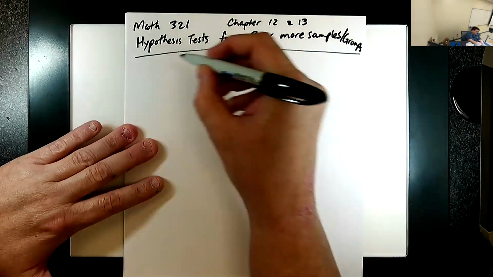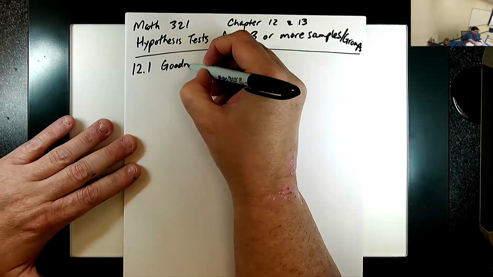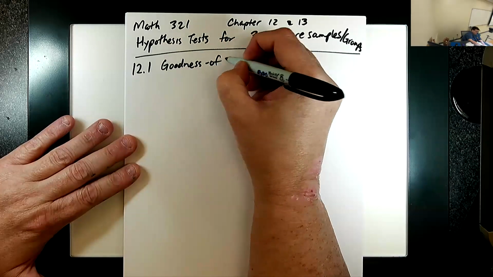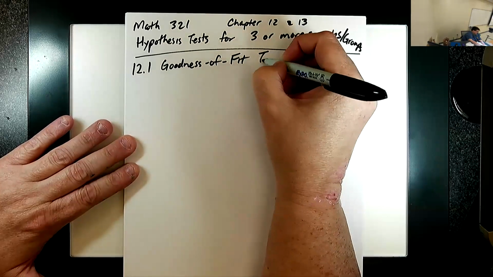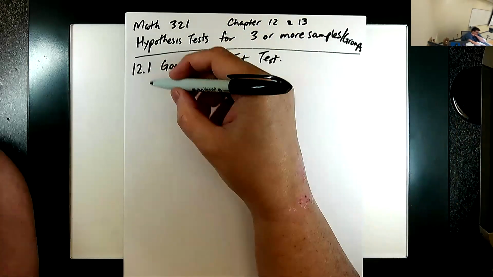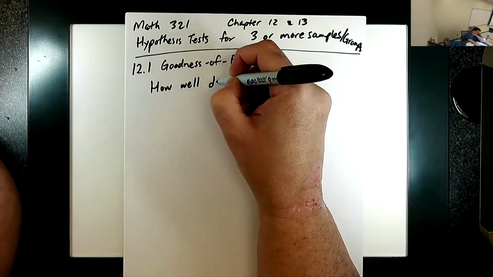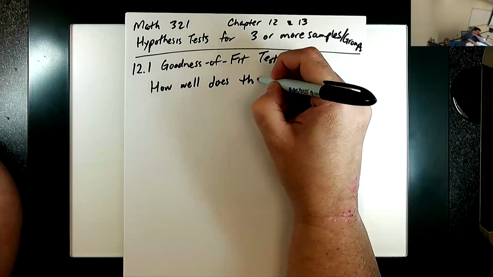12.1 is on the goodness of fit test. This test is how well does the data match what we expect?